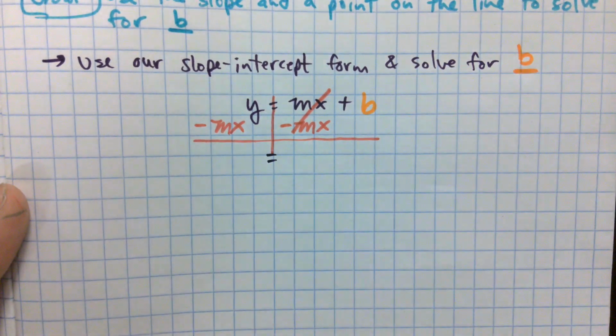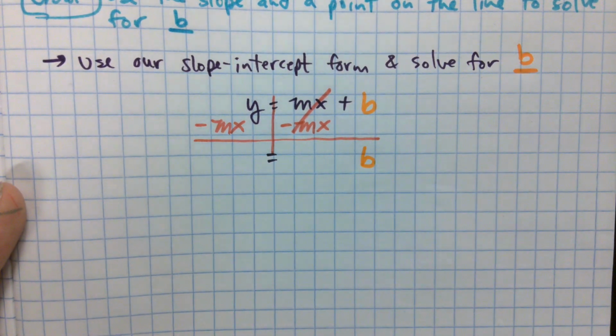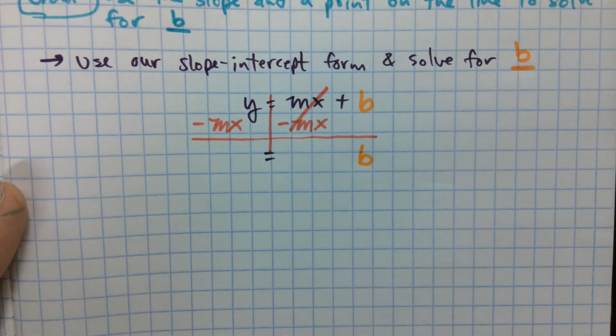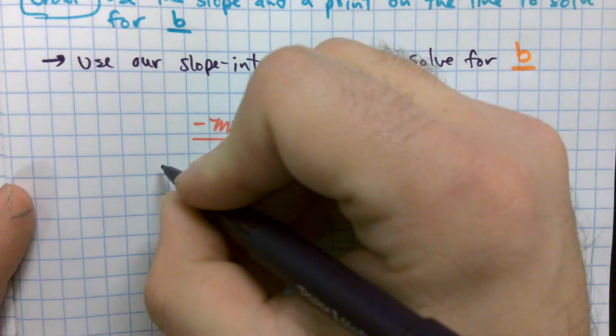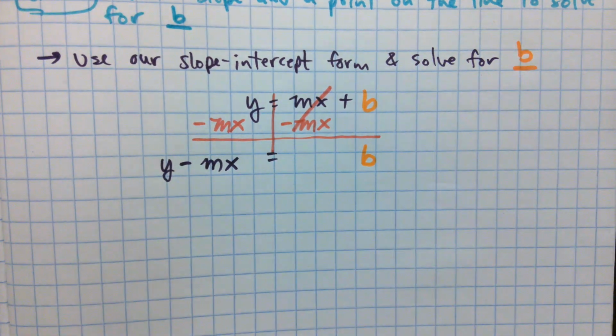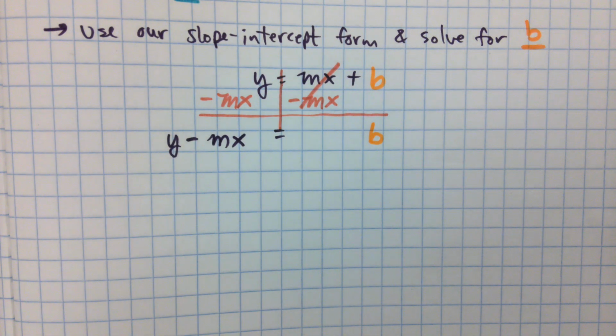Okay? So now on the right-hand side, all we have left is b. And on the left-hand side, we have y minus m times x. So really simple process for us to get b all by itself.